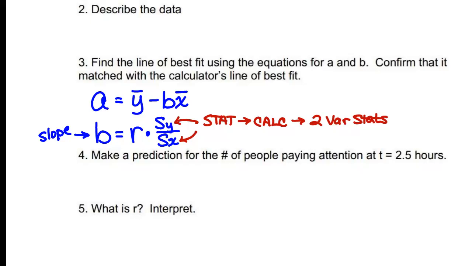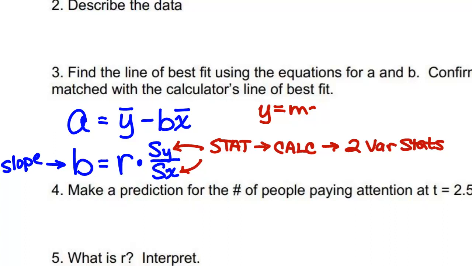This equation right here reminds me a lot of just how you find slope. Slope is the change in y over the change in x. This is the standard deviation of y over the standard deviation of x multiplied by your r value. For A, you can kind of reverse engineer this one as well.